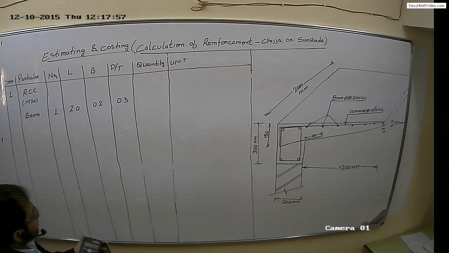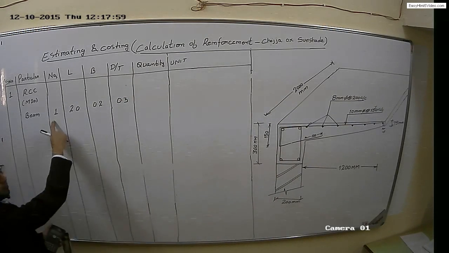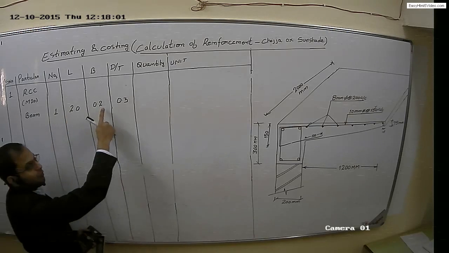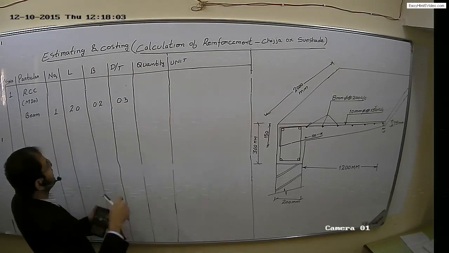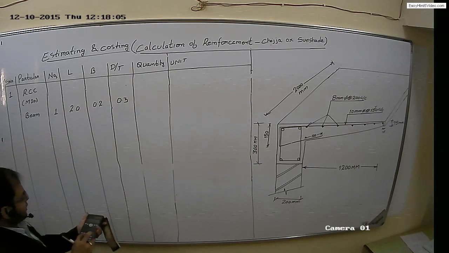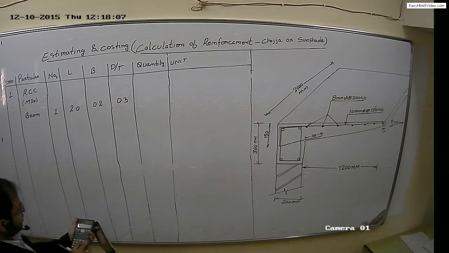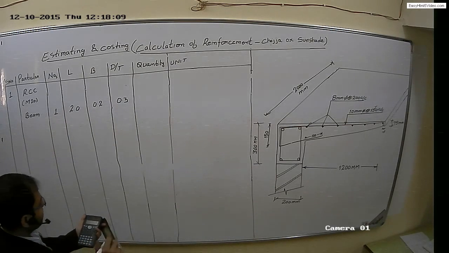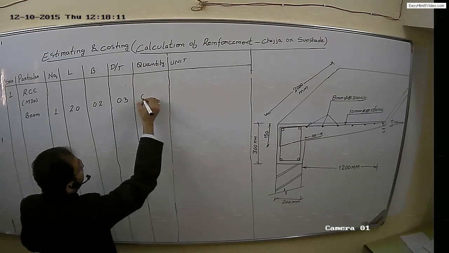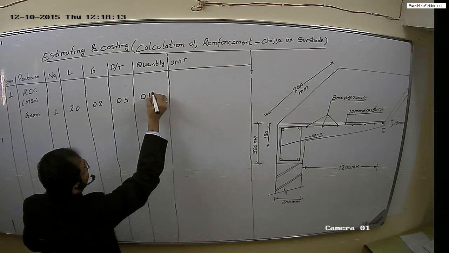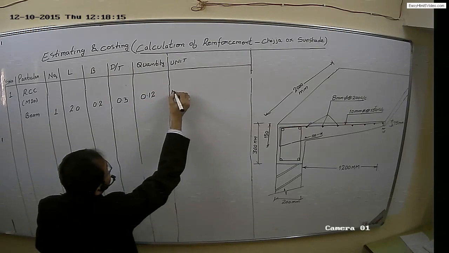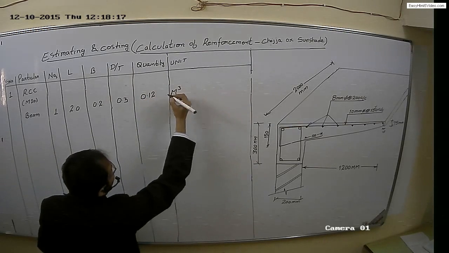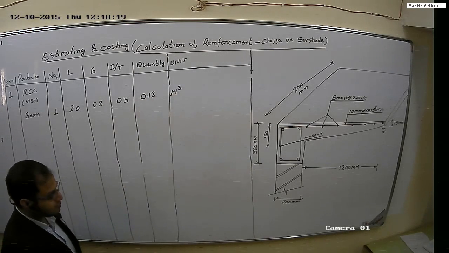So the quantity will be number into length into width into depth. So 1 into 2 into 0.2 into 0.3, you will get 0.12 m cube as the quantity of RCC.